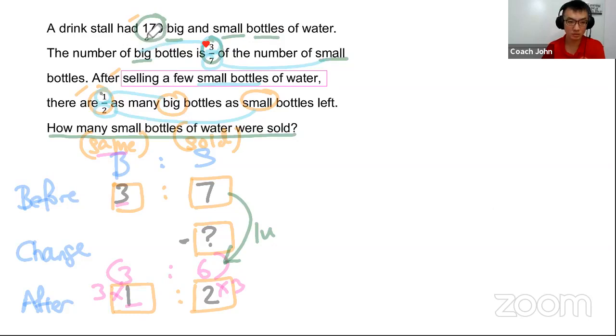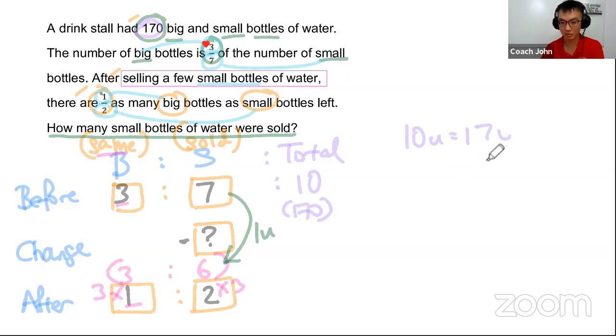So the number is 170. Total is 10 units, and that's 170. So 10U is 170, 1U is 17.